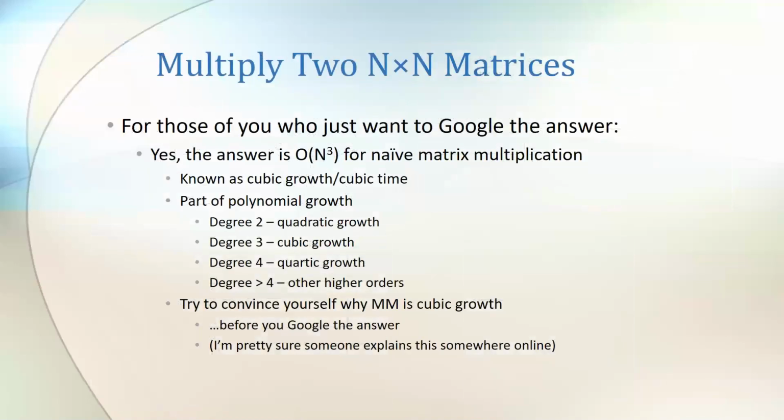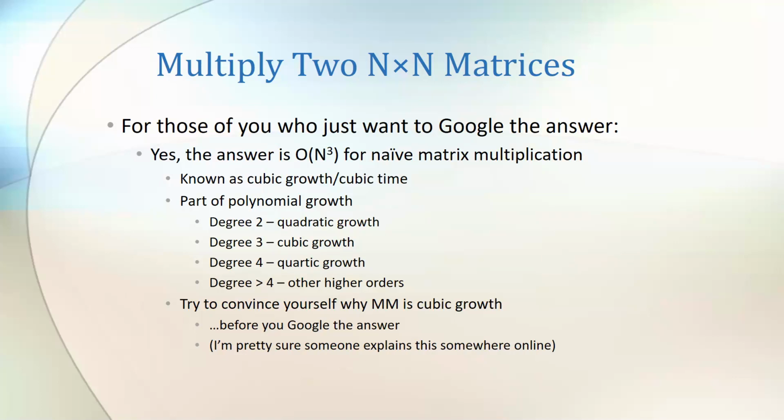All right. This one I'll leave you to work on at home. I don't want to spend too much time on these examples. Try to figure out how much time it would cost you to multiply two n by n matrices together. If you just want to Google the answer, the naive way is n cubed. There are other methods, but the naive way that you would learn in high school is n cubed.